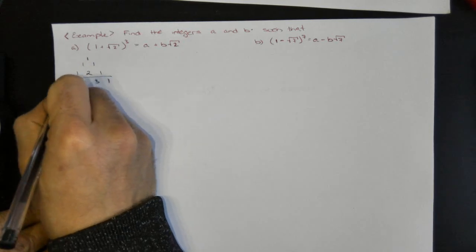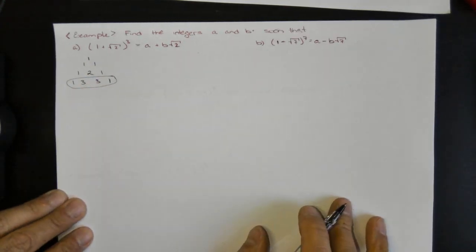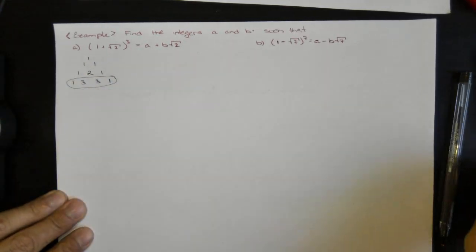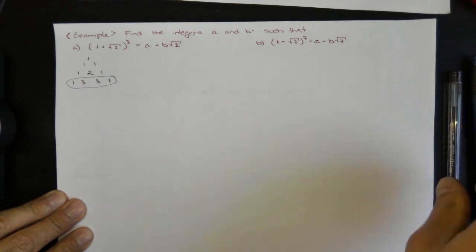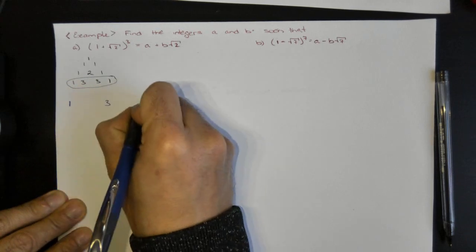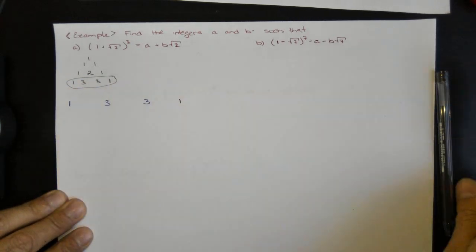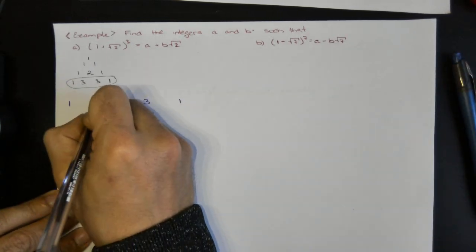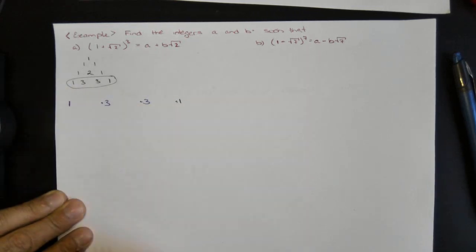So that's what I'm looking for. I've got 1, 3, 3 and 1. It's a positive, so they're all going to be positive terms.